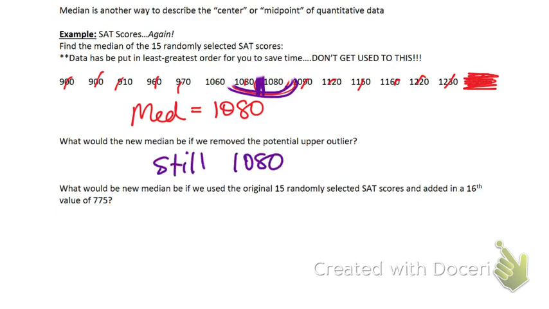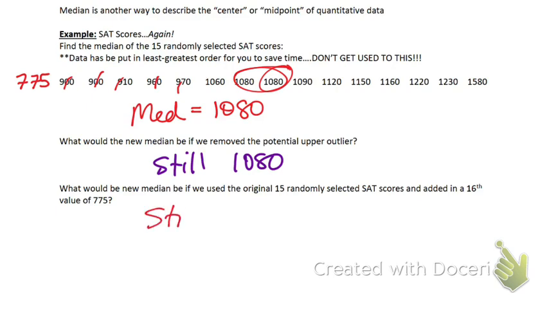All right, so put that number back, put 1580 back. We're back to this 1080 here. And again, if I add in the 775, now my median is still 1080. So it still stays the same. The median is not affected as much by the extreme values.